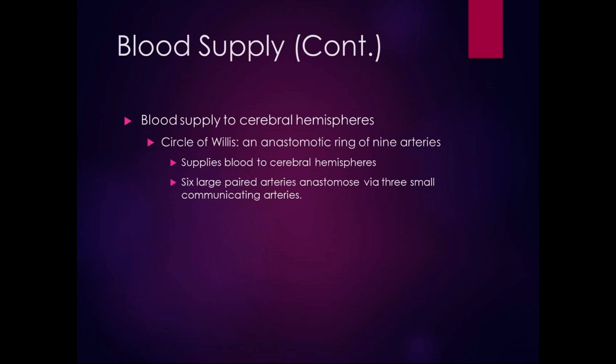So the blood supply is very complex and really high functioning, because if you don't have blood in your brain, you don't have anything. So really a super important area to consider, the blood supply to the brain.